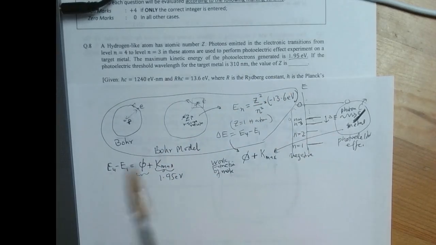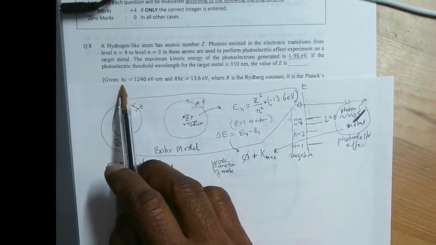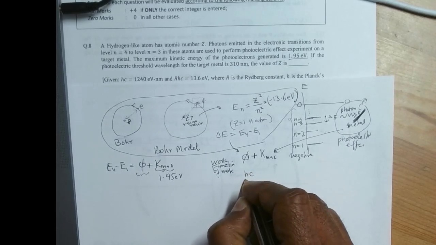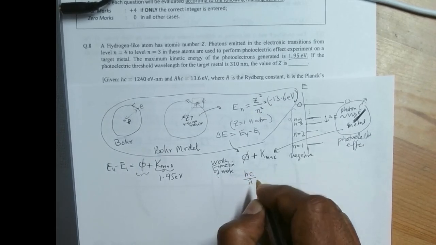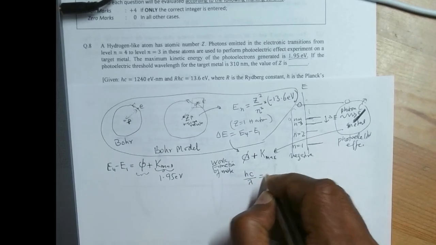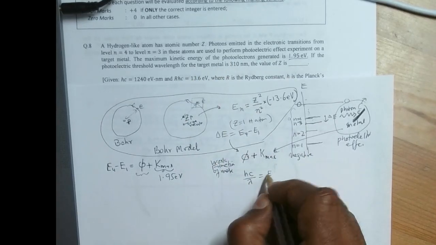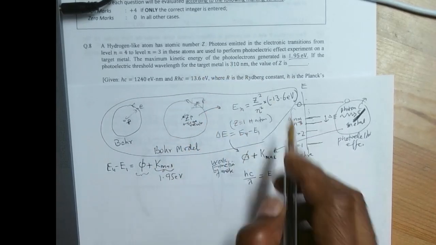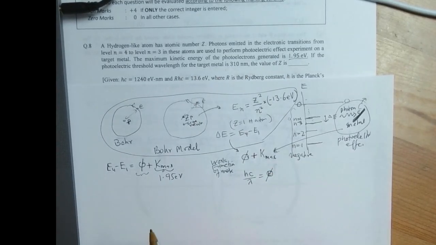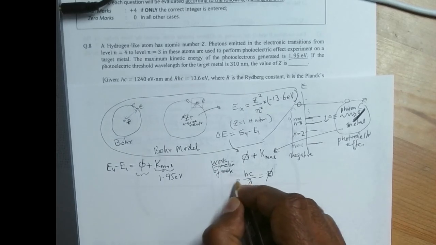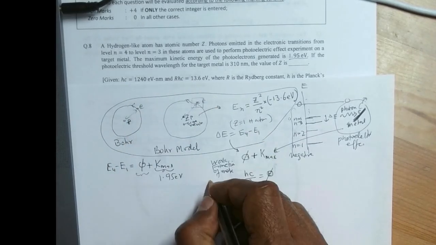What kind of energy does it carry? Well, hc over lambda will be the energy we want, and that will be the work function here. So lambda is given, and hc is given to us as 1240.